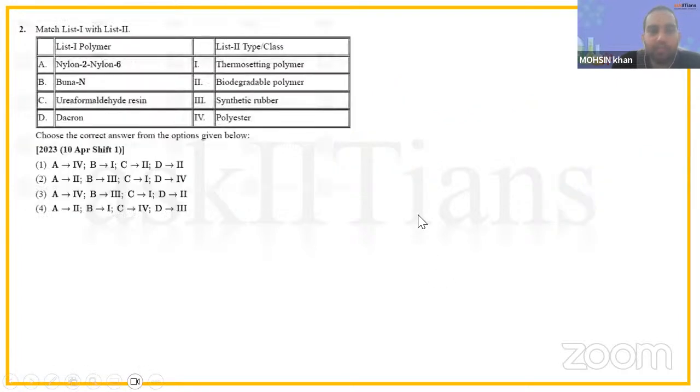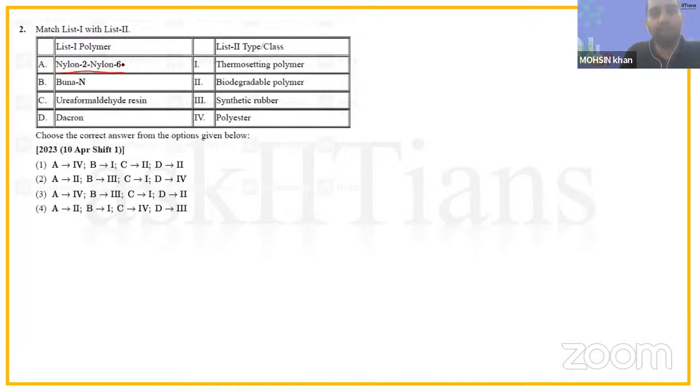Next question. Match the list. Different polymers have been given, and now we have to match the list. First, we have polymers and their types or class. First, we have nylon 2, nylon 6.